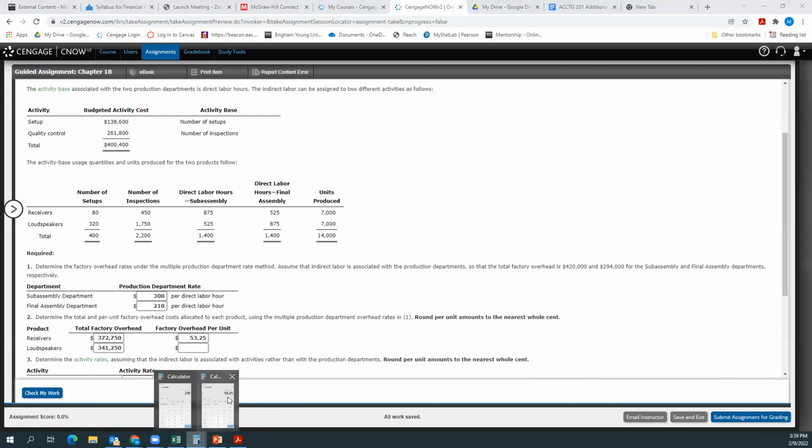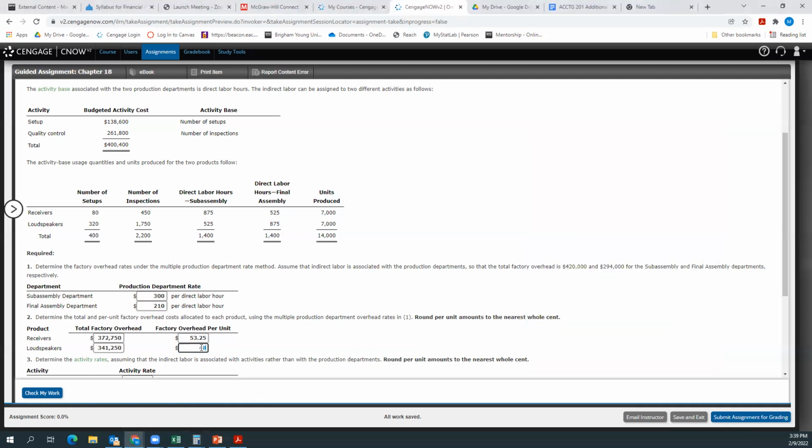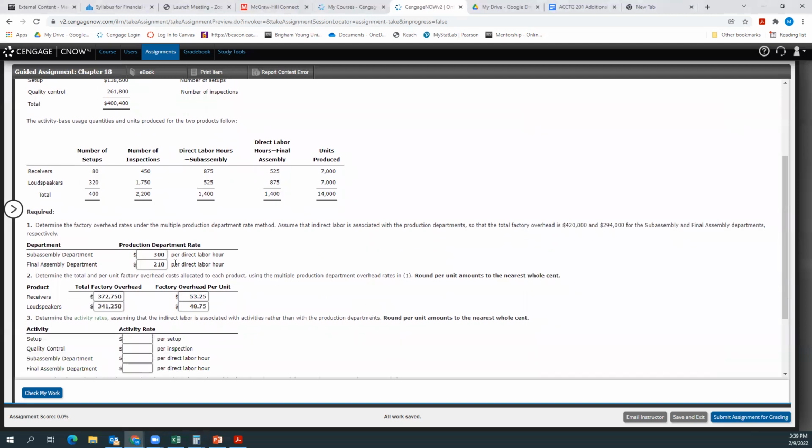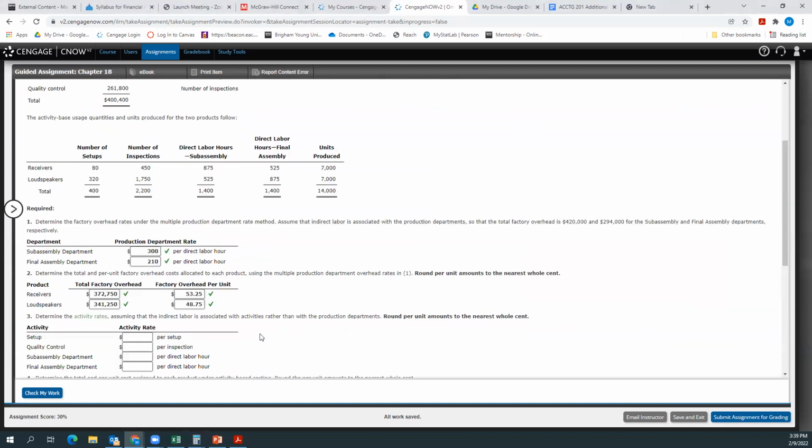And then for loudspeakers, 341,250 divided by 7,000 units gives us $48.75. Okay, so this should be our production department rate, and then our total factory overhead, and then our factory overhead per unit using the multiple production department rate method. I'm going to check my work, make sure I didn't make any mistakes, and I look like I'm good.